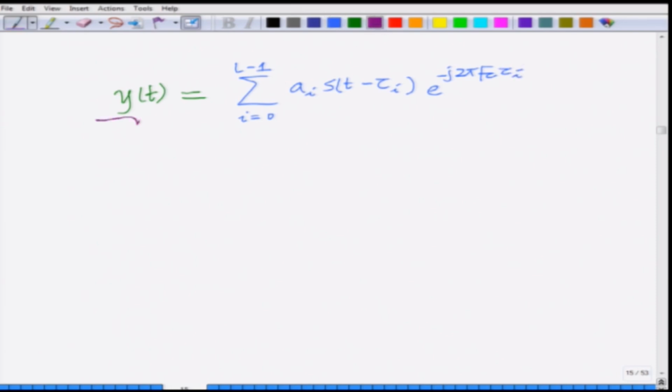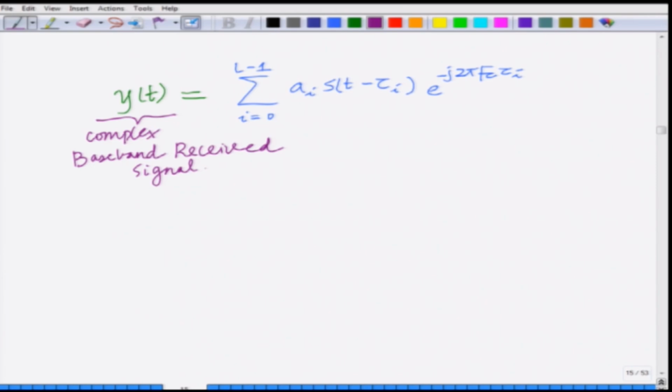All right, so this is the complex baseband received signal, that is y of t, and you can see this is the sum of the several multipath components.